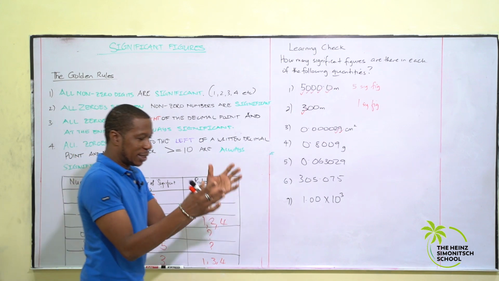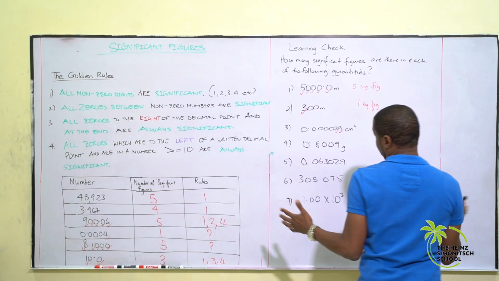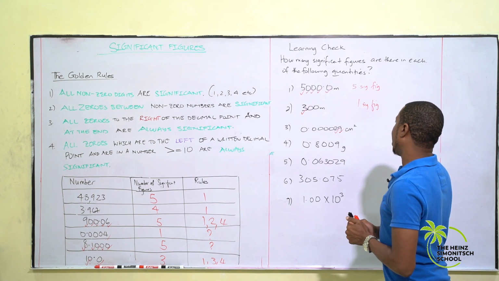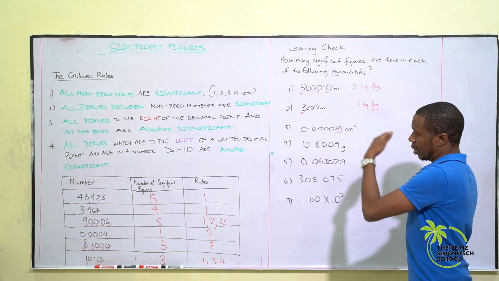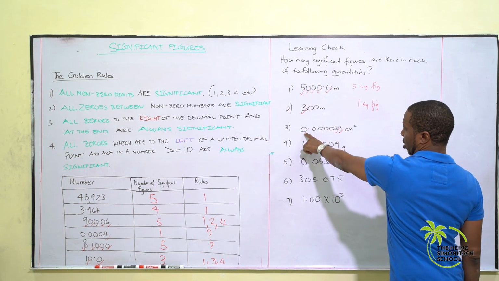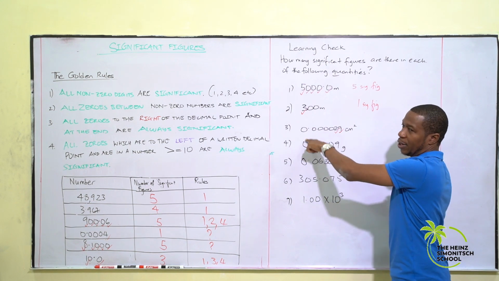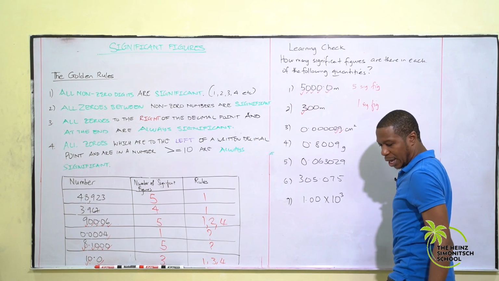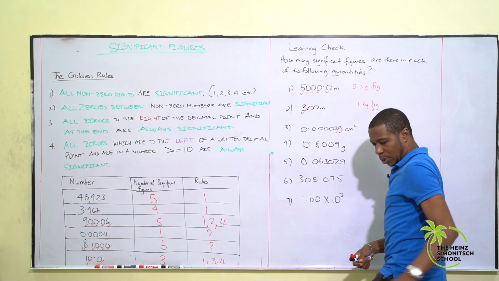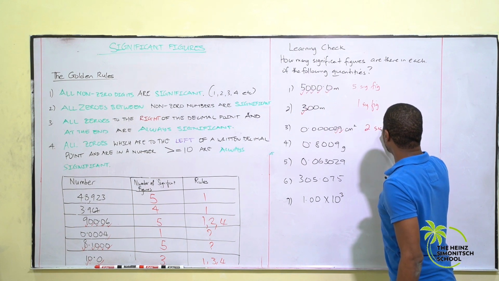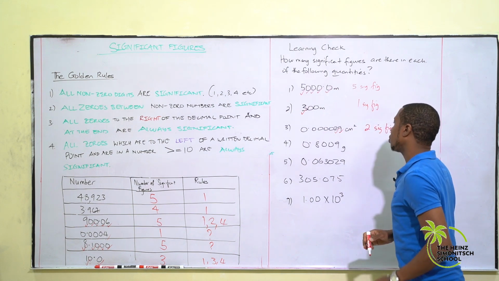Why? Because they are not sandwiched between two non-zero numbers, and of course, the digit to the left of the decimal here is actually a 0 and not a non-zero number. So that's what makes it have two significant figures.